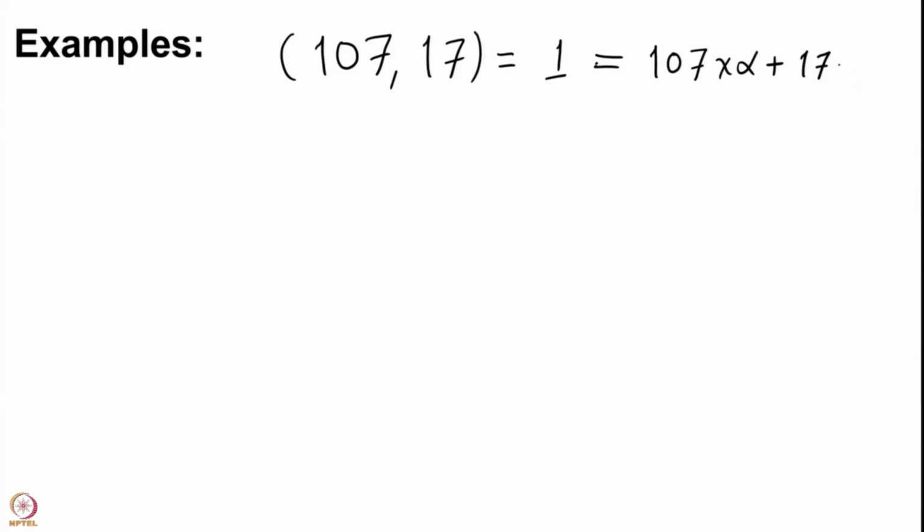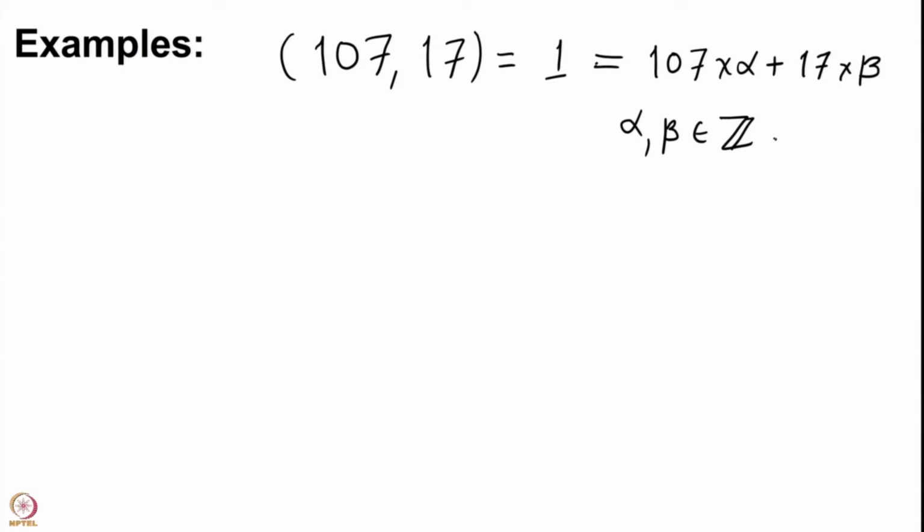For 107 and 17, the GCD is 1, and we want to write this 1 as 107 into alpha plus 17 into beta, where we want alpha, beta to be integers.